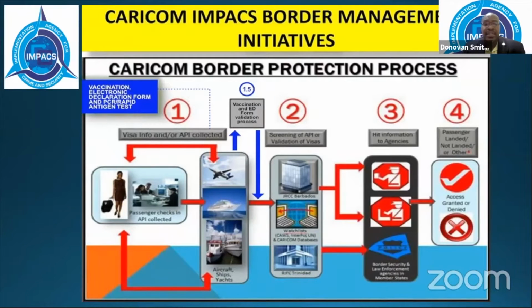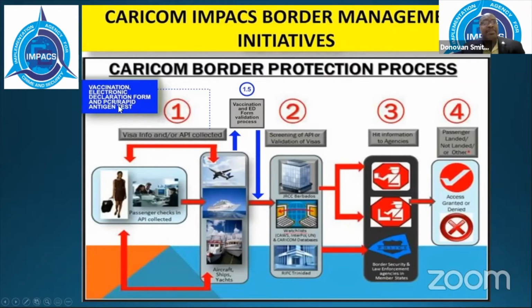From a security perspective, we want to look at all of the different players. You must have one central repository, distributed, yes, to look at where the card form can lay. If you look here: the vaccination, electronic declaration form, PCR and rapid antigen test.